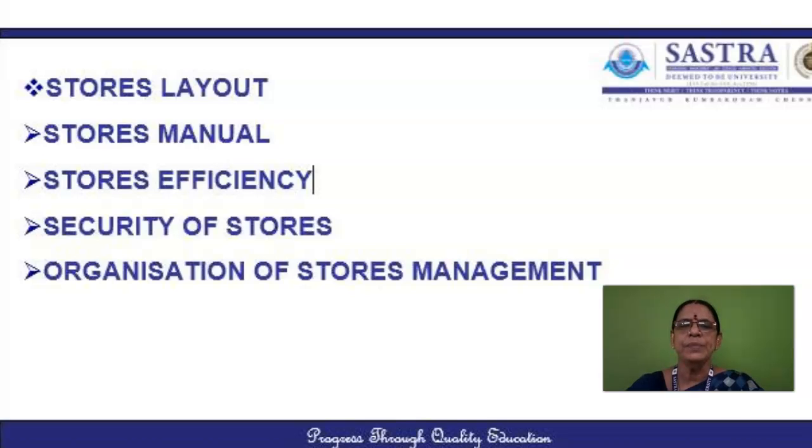Now we shall see the factors to be considered to have a good storeroom layout. The first main factor is the nature of the materials. Heavy and bulky materials demand special attention in moving and handling, and this calls for a place nearby the user department or the dispatch section to minimize the movement, and they can be placed on the ground floor for easy handling.